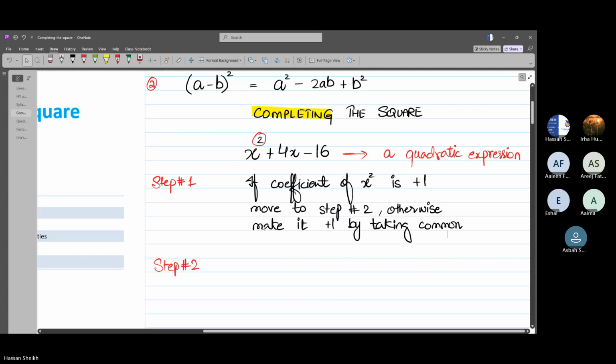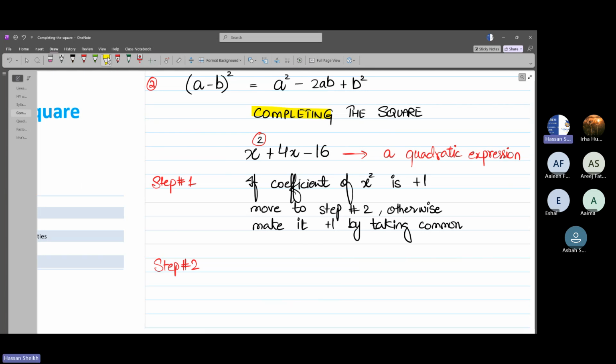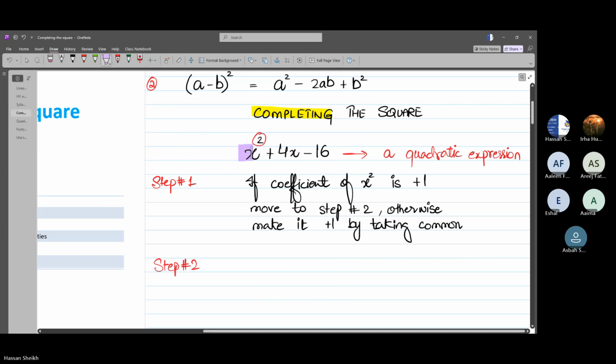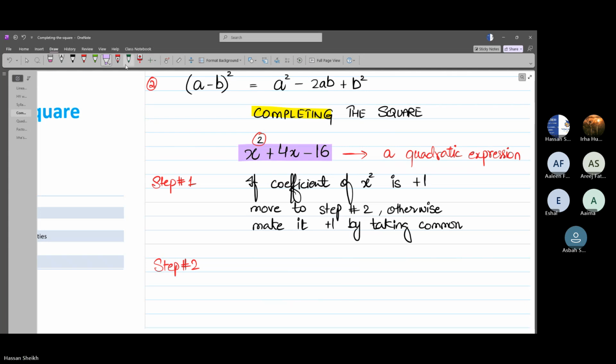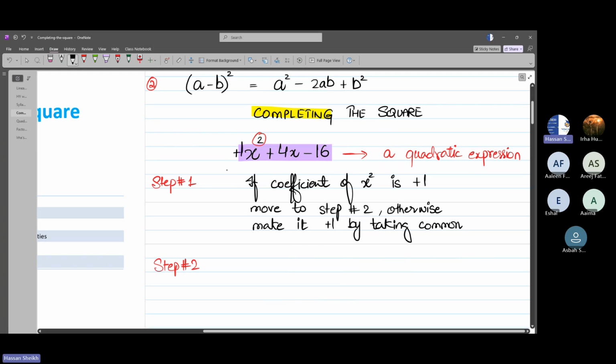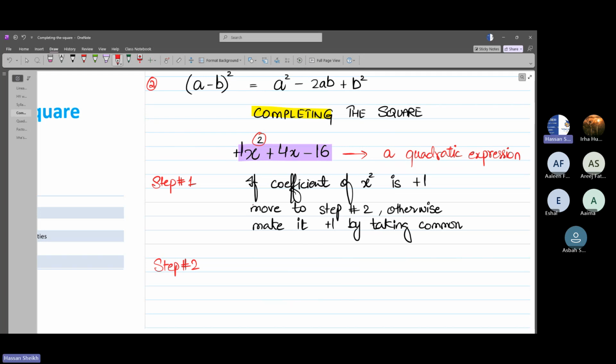Now, okay, students, the purple highlighted equation here. What is the coefficient of x square in this highlighted equation? One. Plus, positive 1? Yeah. Okay. So which means we need to move on to step 2.